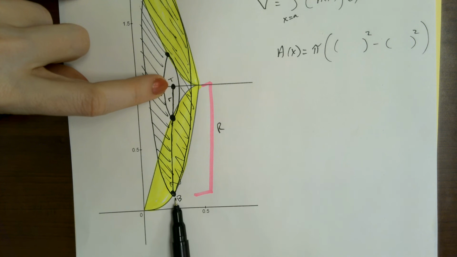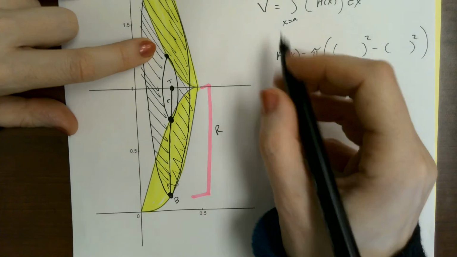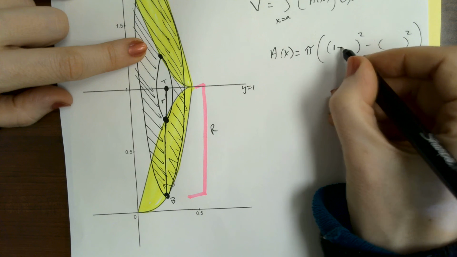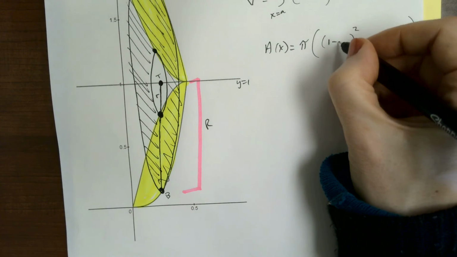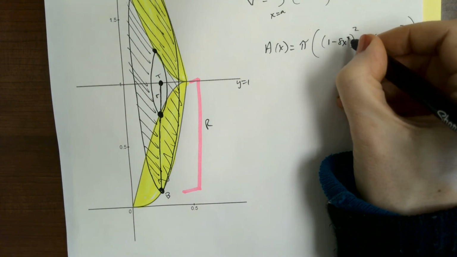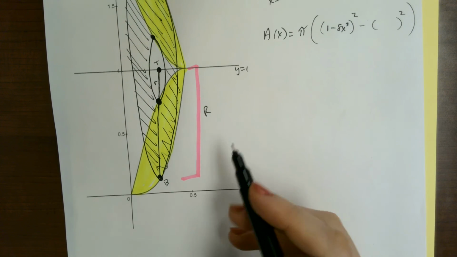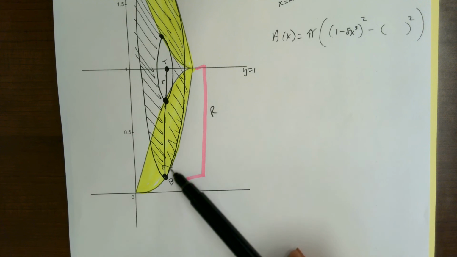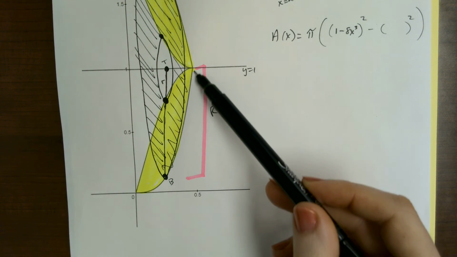So top minus bottom is 1, because that's y equals 1, minus 8x cubed. Because remember that's 8x cubed from that.